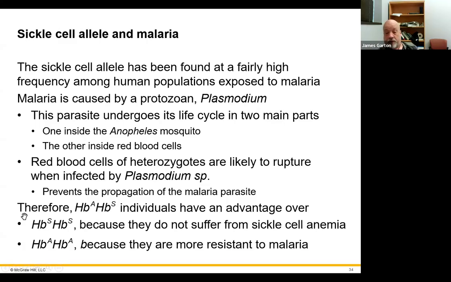You do not have full-blown sickle cell anemia, so that's good. And you're more resistant to malarial infection. So that's good. If the malarial parasite was removed from the environment, this heterozygous individual would cease to be at an advantage.